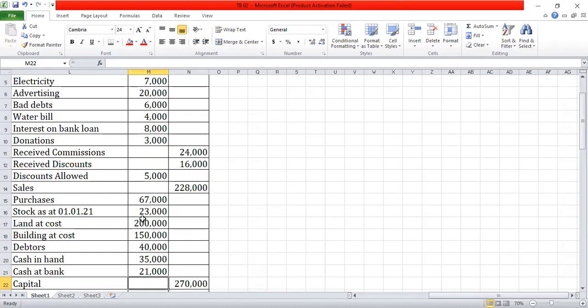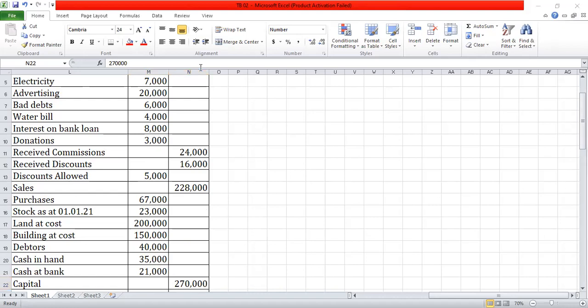So we record them in the debit column. And the capital is equity, credit column.